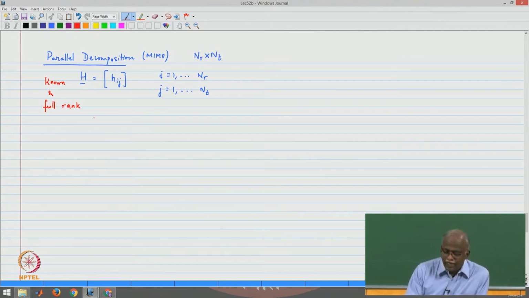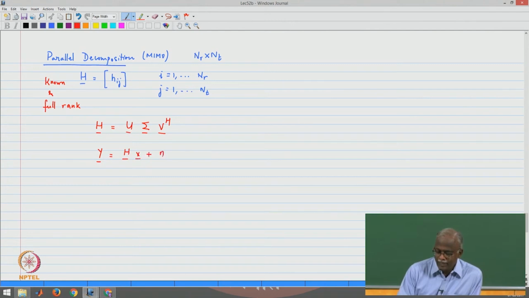So, now we can factorize the matrix H in the following way: U times sigma times V Hermitian. So, the MIMO equation now becomes y is equal to Hx plus n.